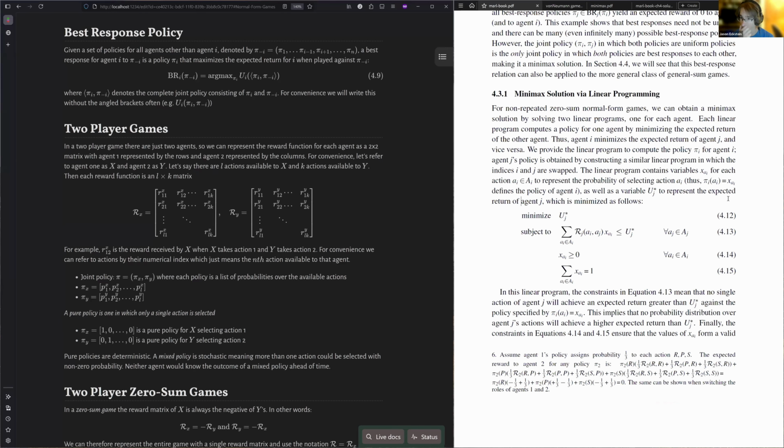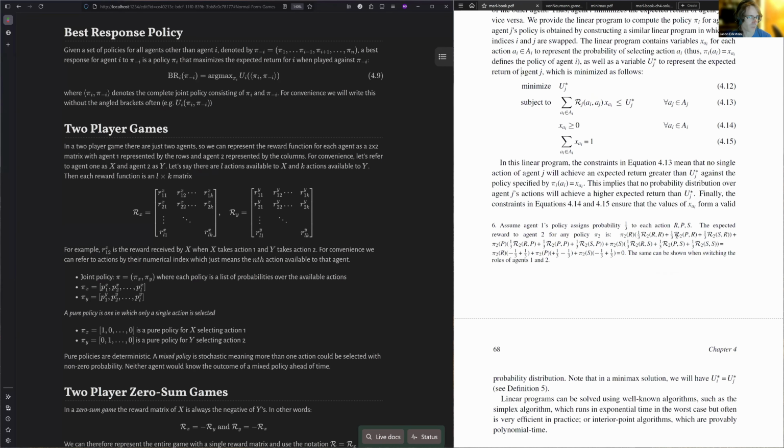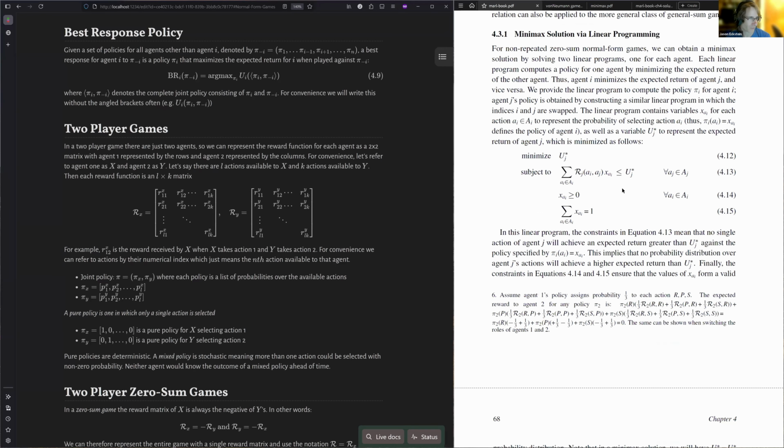I personally found that the treatment of the Minimax solution in zero-sum games is a little bit glossed over, like the details of what this actually looks like. Conceptually, it's definitely helpful to me to look at a simple algebraic case and see what happens.